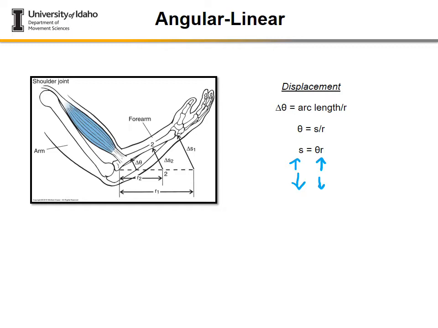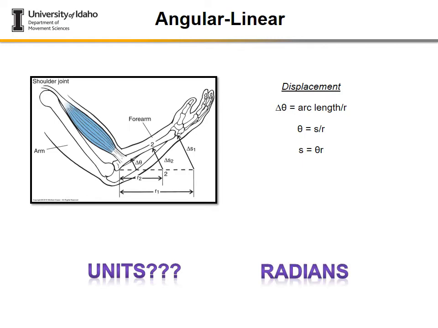Now, it's very important as we go forward that, although there are many different units that angles and angular motion can be described by, you only use radians. Radians are essential because if we look at the calculation and we have degrees times meters, that's a degree-meter, not degrees divided by meters, and that is not a representation of a linear distance.